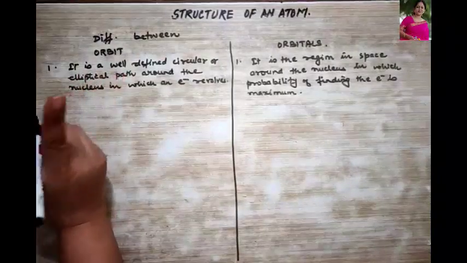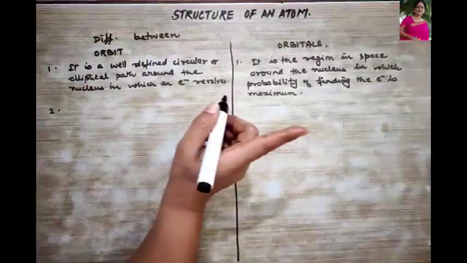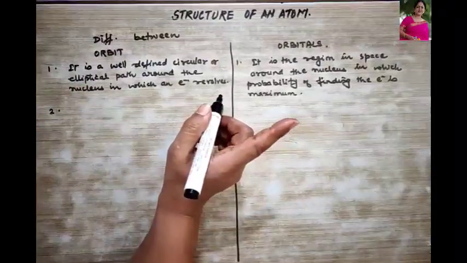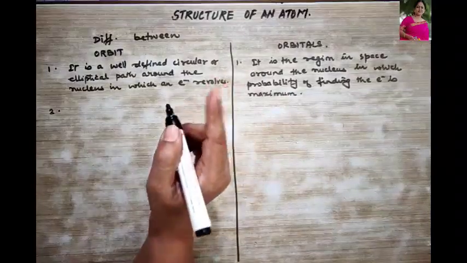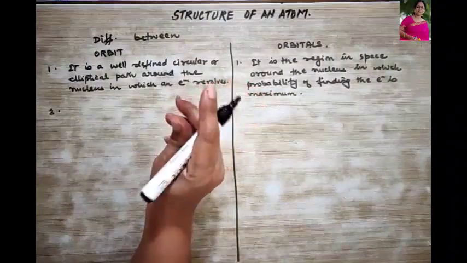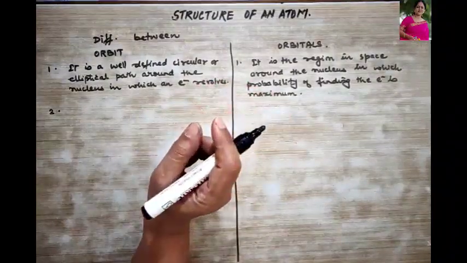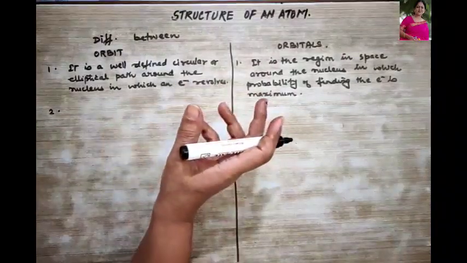Come to the second difference between orbit and orbital. Orbits are circular or elliptical, whereas orbitals have different shapes. For example, the s orbital has a circular shape, the p orbital has a dumbbell shape, and the d orbital has a double dumbbell shape.